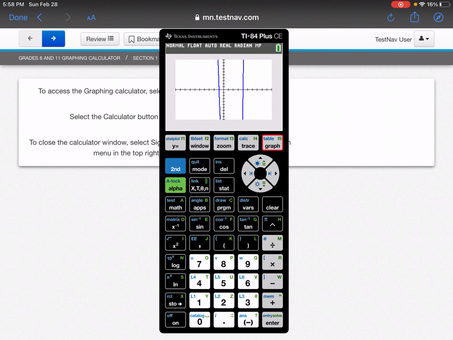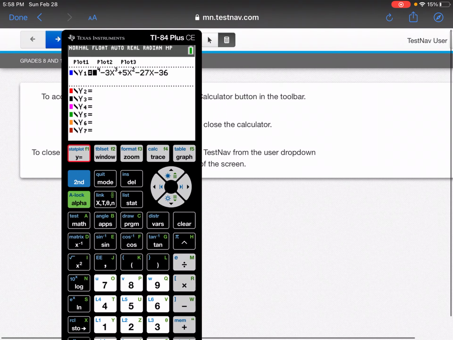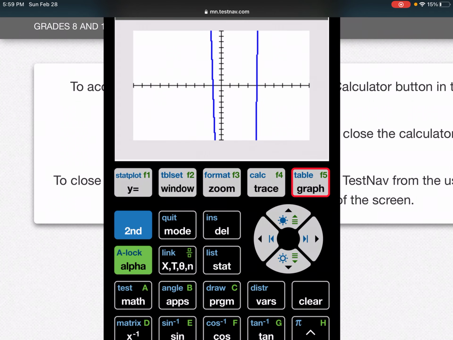I can't really see the bottom of that. But it does look like, if I zoom in here a little bit, oops, sorry about that. Let's try that again. Okay, it looks like I have a root of -1 and maybe 4.